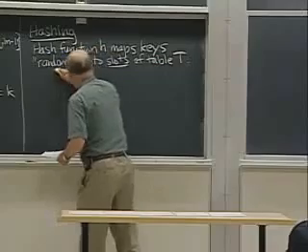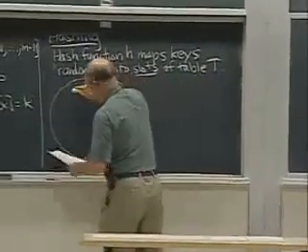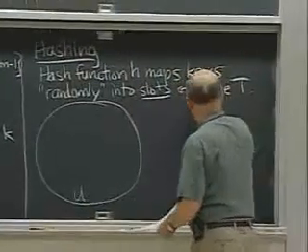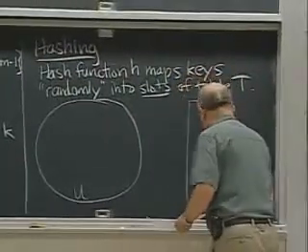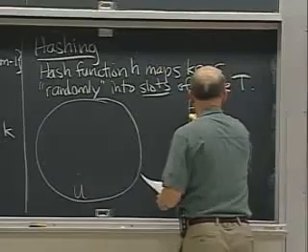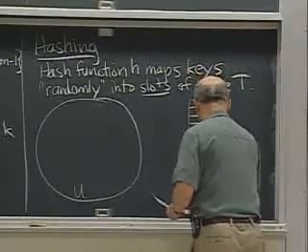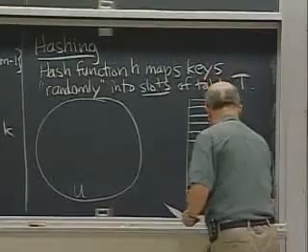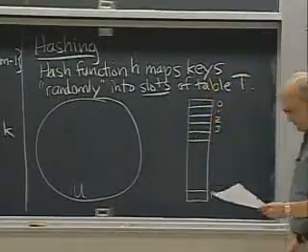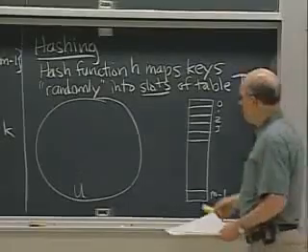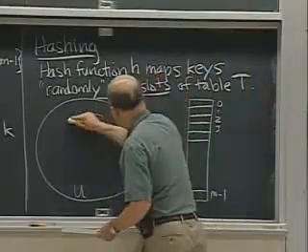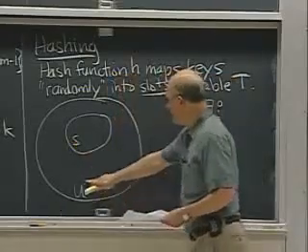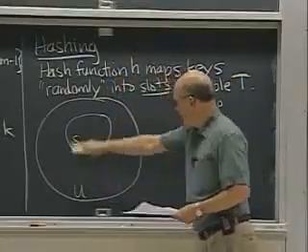We may have a big universe of keys. Let's call that U. We have our table over here that we've set up that has M slots. And we have a set that we're actually going to try to represent, S, which is presumably a very small piece of the universe.